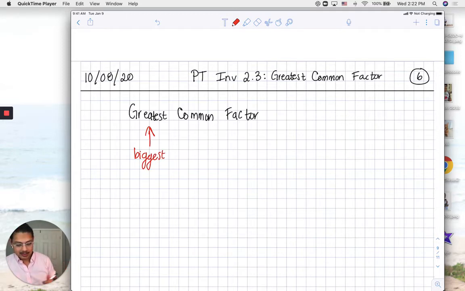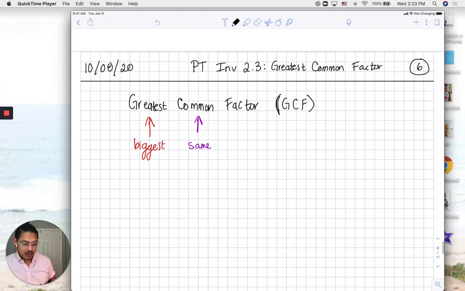It's the greatest. Common. Remember last time we talked about things you have in common with other people, right? The things that are similar, the things that are the same. And of course, we already talked about factors. And the abbreviation for greatest common factor is GCF. And we'll be using this quite a bit.